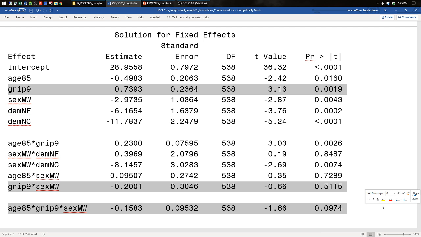Being strong is good for you if you're a dude who's 85. Now down to the two-way. What does that two-way interaction with gender do to the main effect of grip? Less positive in women, right? So the benefit of strength is reduced in women.